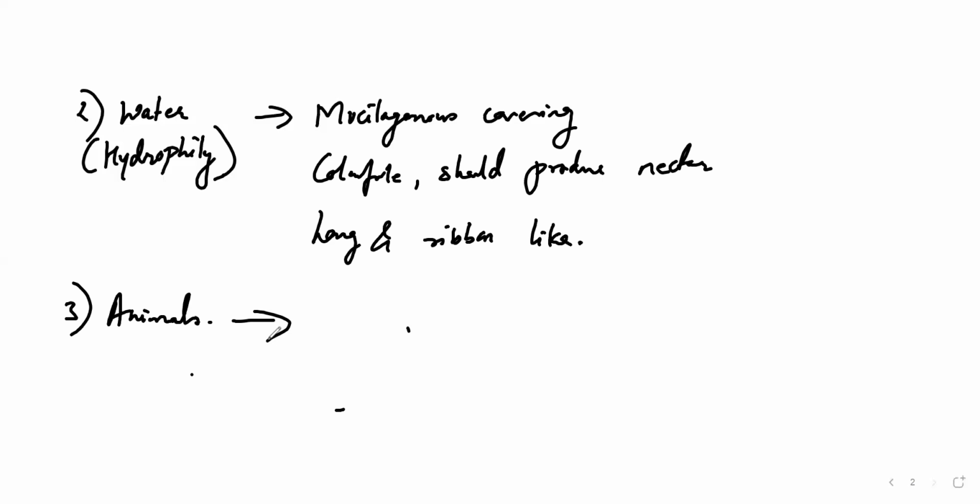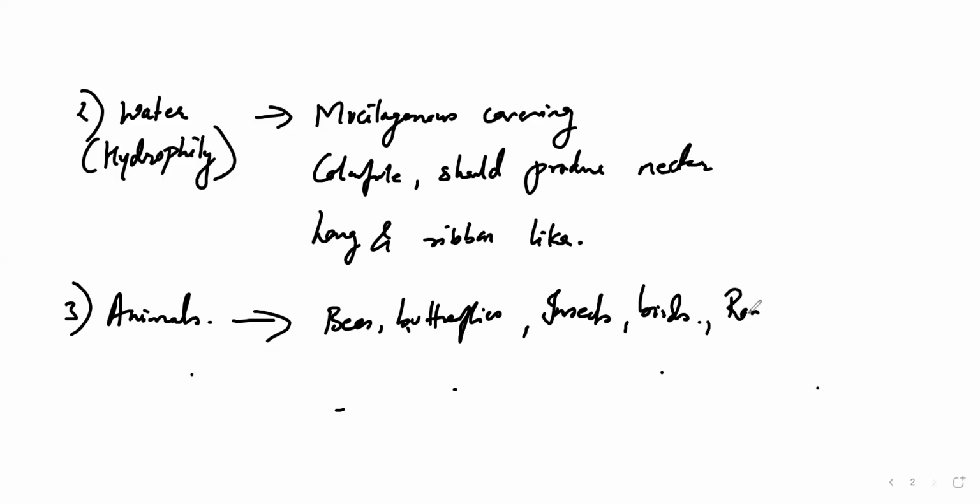So in biotic agents, you have certain animals such as bees, butterflies, any type of insects like flies, birds, and even rodents and reptiles as well.